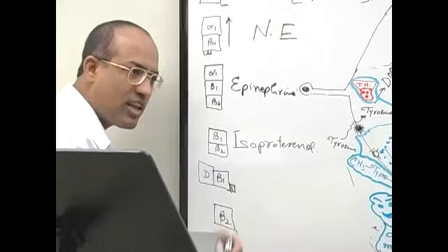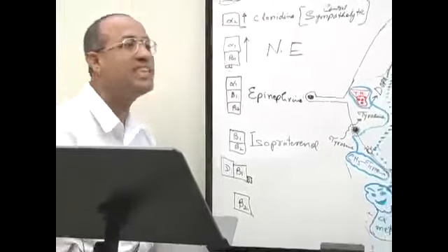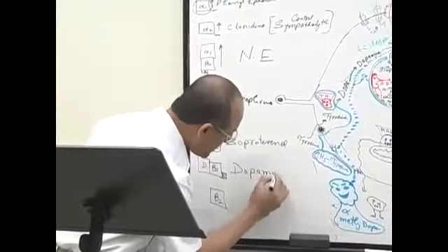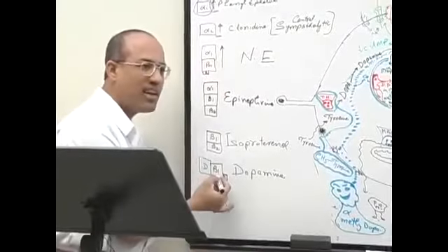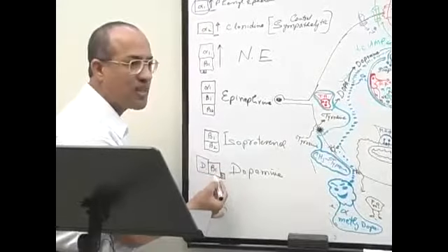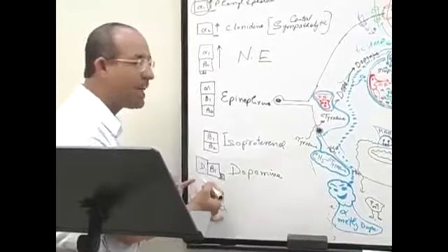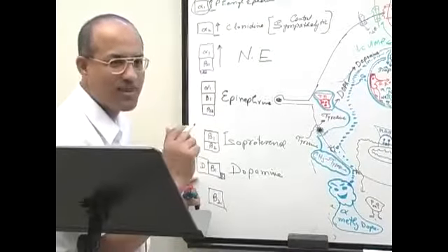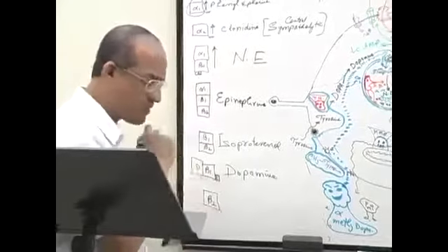What is the name of the drug? Dopamine. Very good. Dopamine. So dopamine can stimulate beta-1 receptors in the heart and increase cardiac output. And dopamine at the same time can act on dopamine receptors on renal vessels and dilate them. Let me tell you this tricky thing. Listen.